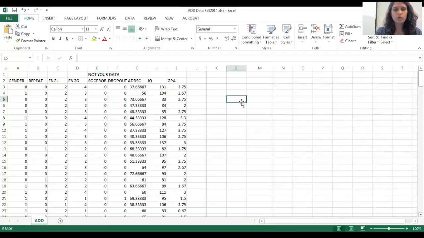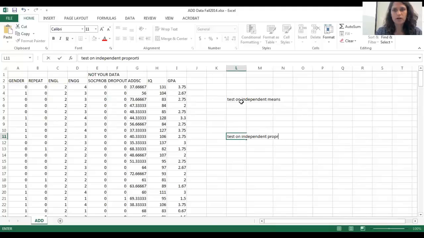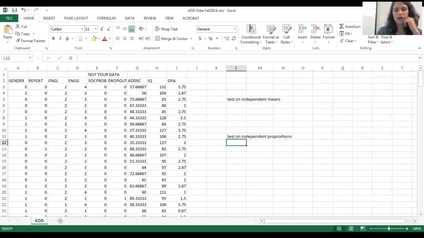There are 2 hypothesis tests that we want to do. One is a test on independent means, and the other is a test on independent proportions. You started looking at this the other day on step 4.